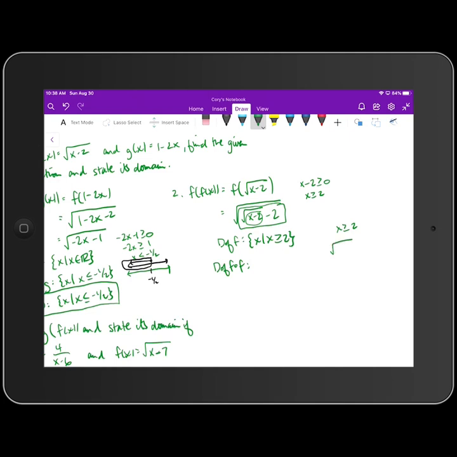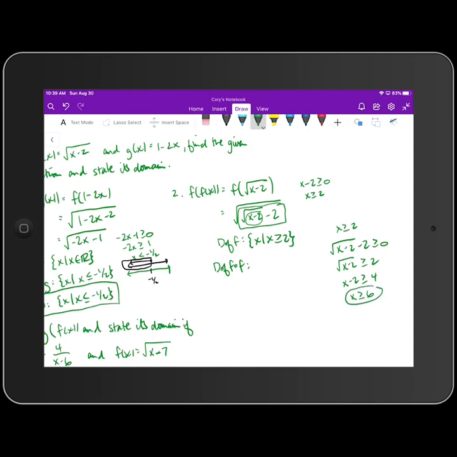Okay, so that means that the square root of x minus 2 has to be bigger than or equal to 0. All right, so if I want to solve this inequality for x, I can add 2 to both sides. Then I can square both sides. And then when I add 2 again, we get x is greater than or equal to 6.